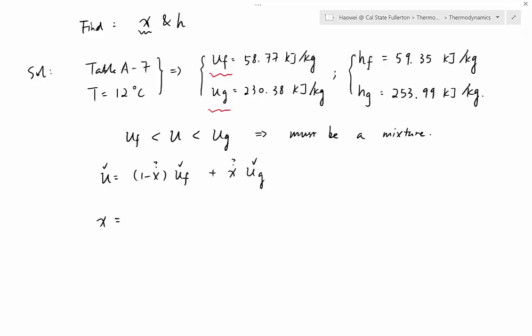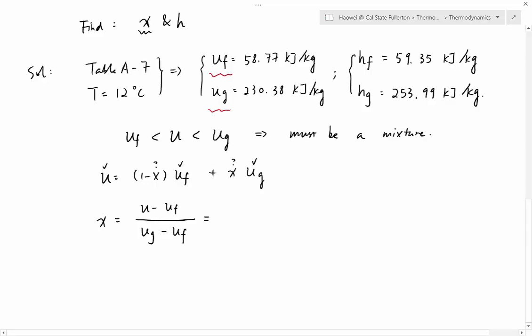Okay, so the solution is u minus uf divided by ug minus uf. It will help you a lot if you can memorize this format. The format of this algebra is actual, which is u minus point f, and then divided by point g minus point f.